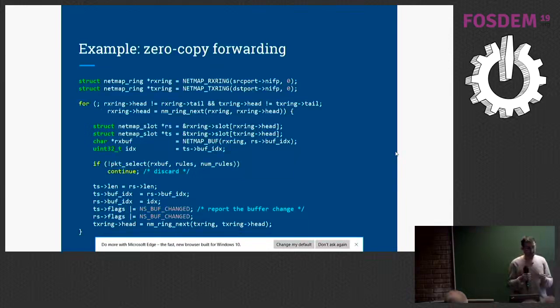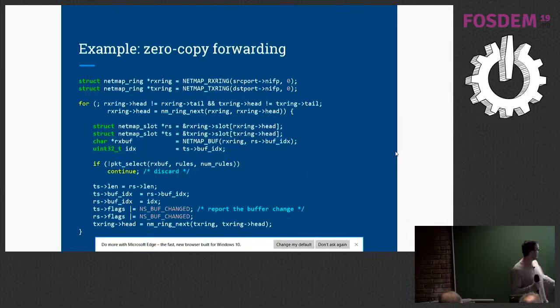Each descriptor within the ring has inside a buffer index, and the buffer index is the identifier of a buffer within the netmap allocator. So all you need to do to forward from one ring to the other is just to swap the indexes of the two descriptors. And this is what I do here, and adjust the len, of course.